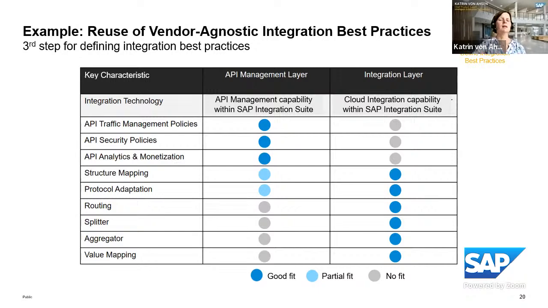You can see that both have their strengths in certain areas, but there's also a gray zone, like structure mapping and protocol adaptations, where you can leverage either the one or the other. And this overview can give you some guidance. So depending on your priorities and the characteristics and capabilities you require for your integration scenario, you either choose one or the other or a combination of both for your specific integration needs.